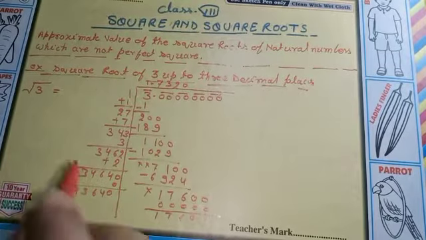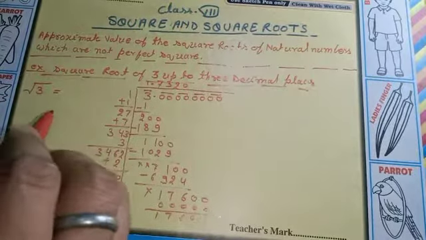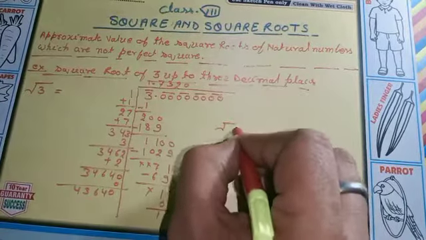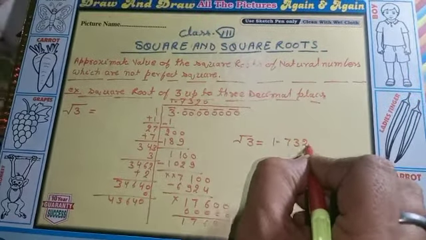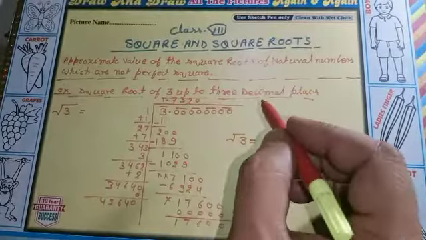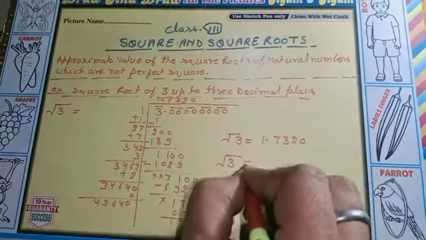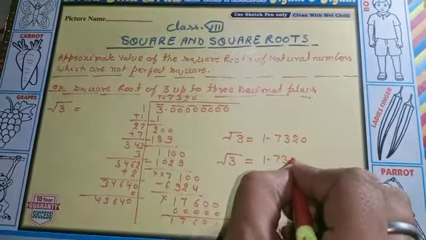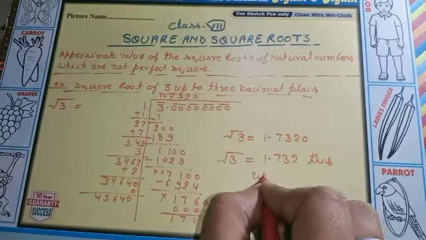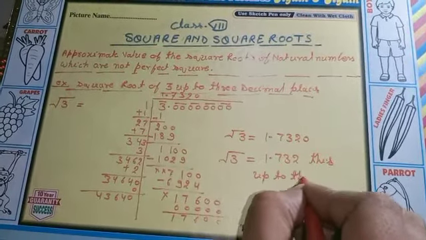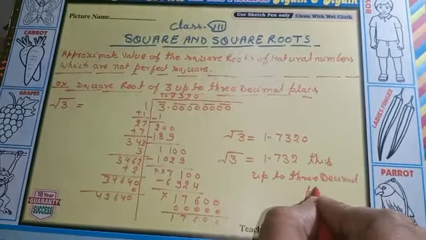Now the square root of 3 becomes 1.7320. So the square root of 3 is 1.7320. The question asks up to 3 decimal places, so the square root of 3 is 1.732, up to 3 decimal places.